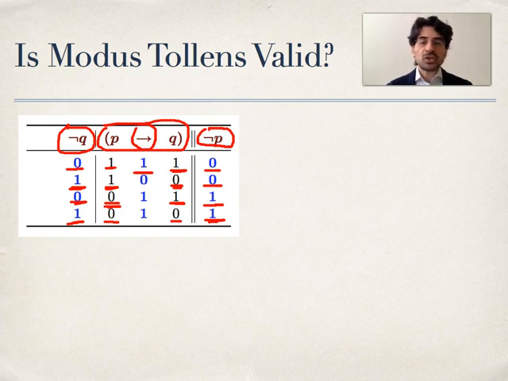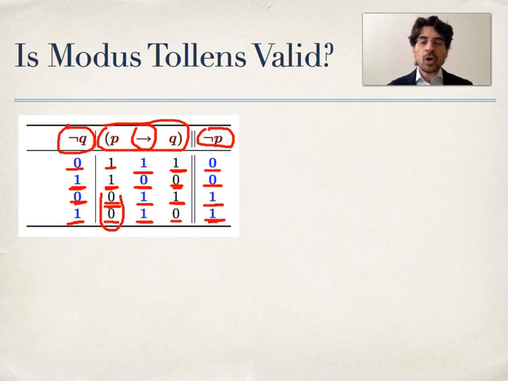Whenever the antecedent is true but the consequent is false, the truth value of the implication is 0. So here we are assigning 0. And then whenever the antecedent P is false, as in these two cases, we can simply assign 1 to the implication regardless of the truth value of the consequent.